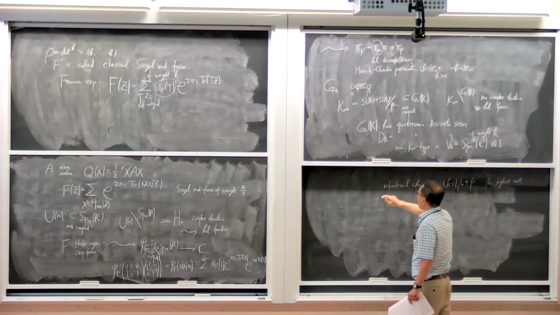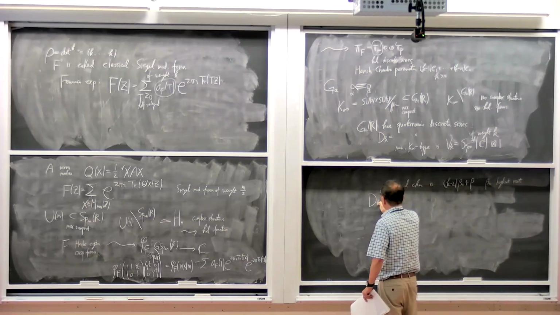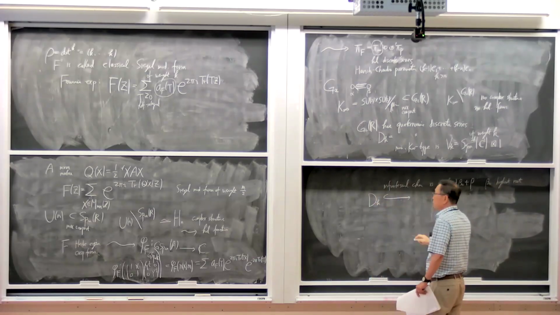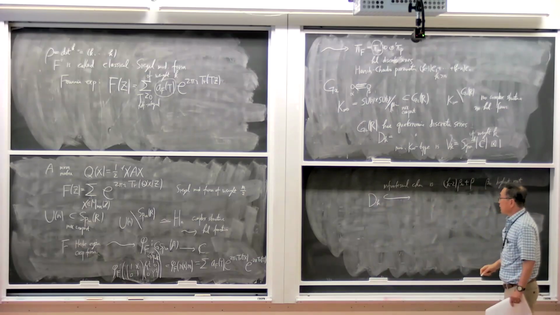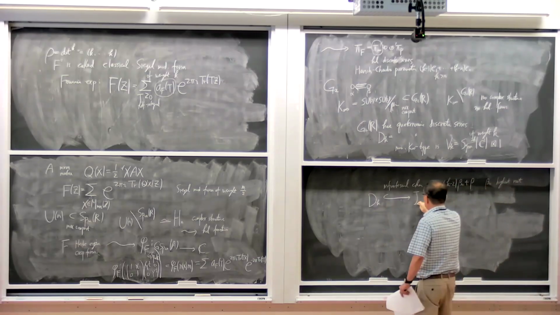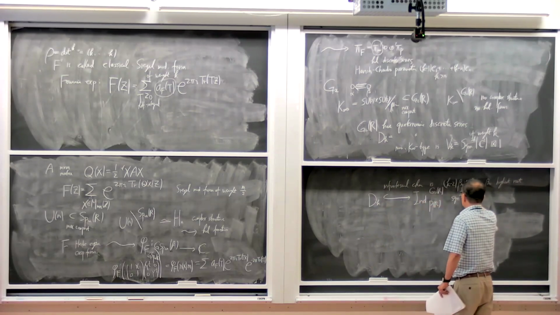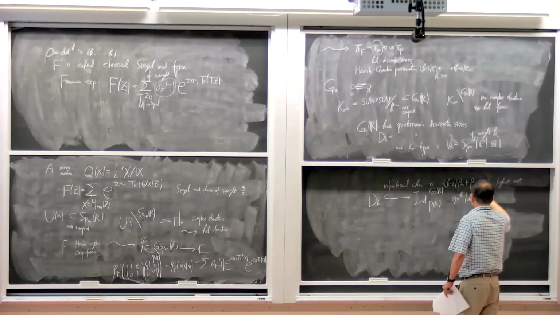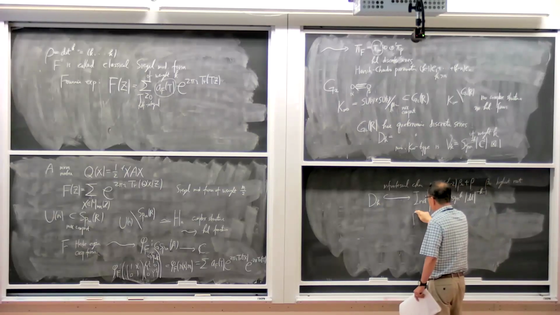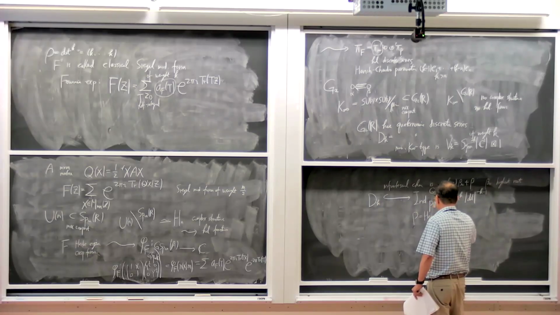So for us, the important thing is that dk is a submodule of the degenerate principal series, sign to the k, determinant to the minus k minus 1. So here, P is the Heisenberg parabolic.